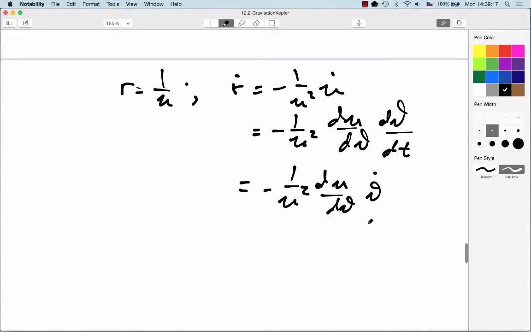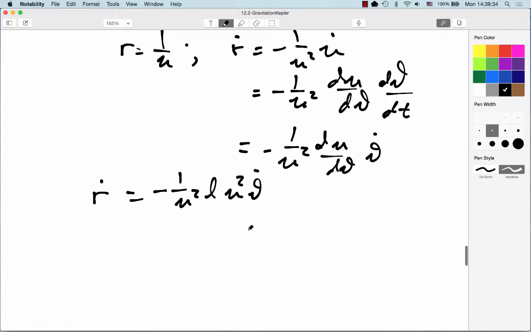So I can rewrite that: r dot is also minus 1 over u squared times l u squared, from what we got before. So I can write that r dot is minus l du d theta when I equate. All right.